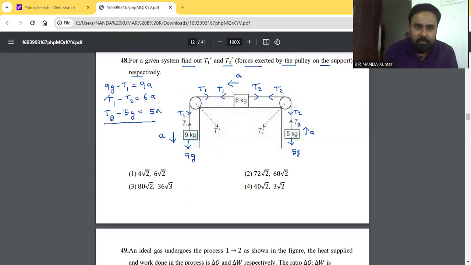So now if we add the 3 equations, T1 cancels, T2 cancels, 9g minus 5g is 4g, and 4g is equal to (9 plus 6 is 15, 15 plus 5 is 20) 20A.